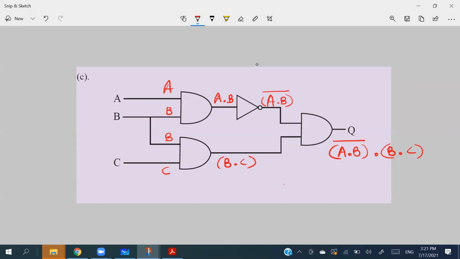You mean like you are indicating it like this, A dot B bar and the brackets, something like this.